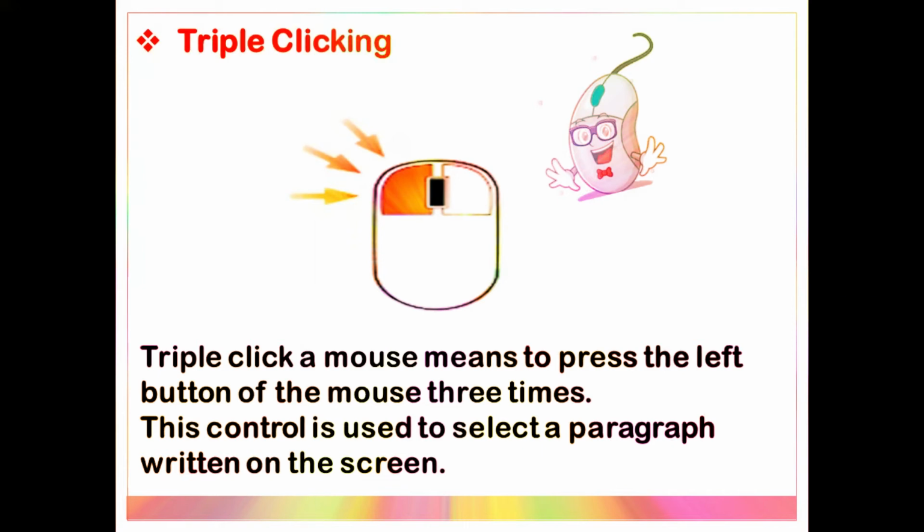This control is used specifically when we are typing in Word. If we want to select an entire paragraph, triple clicking will select the entire paragraph of a Word document.